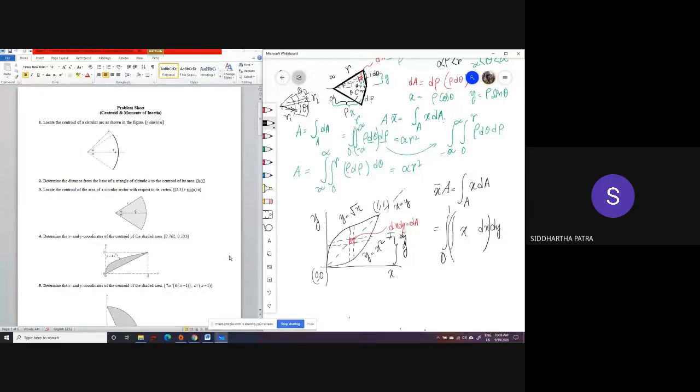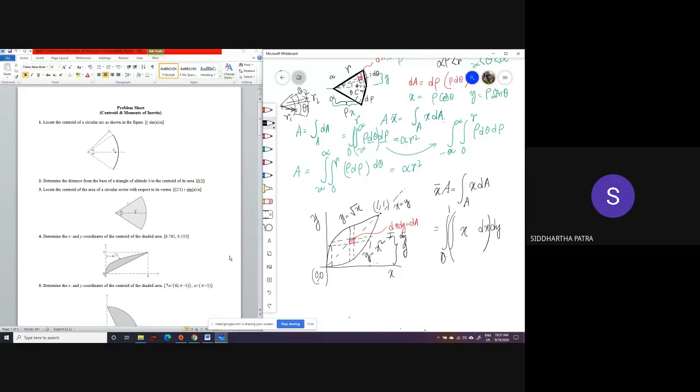But the limits on x are also not 0 and 1. The limits on x are actually dependent on y. If y was 1, both limits on x would be 1 and 1. If y was 0, both limits on x would be 0 and 0. But in between, the limits on x are different.